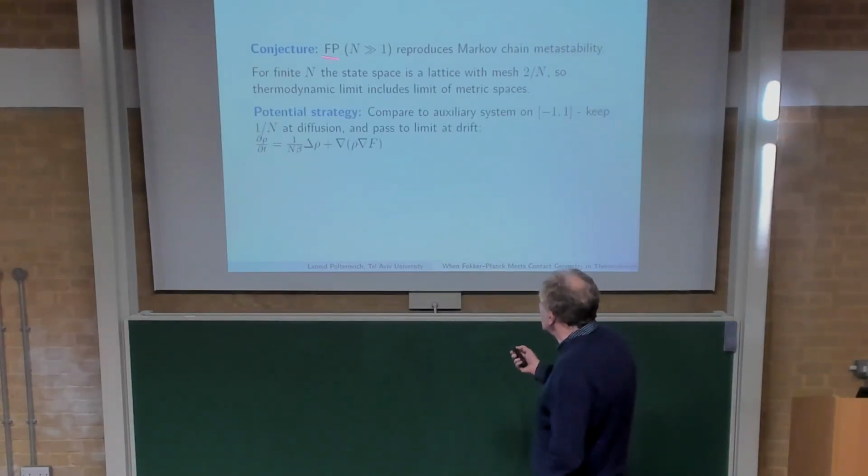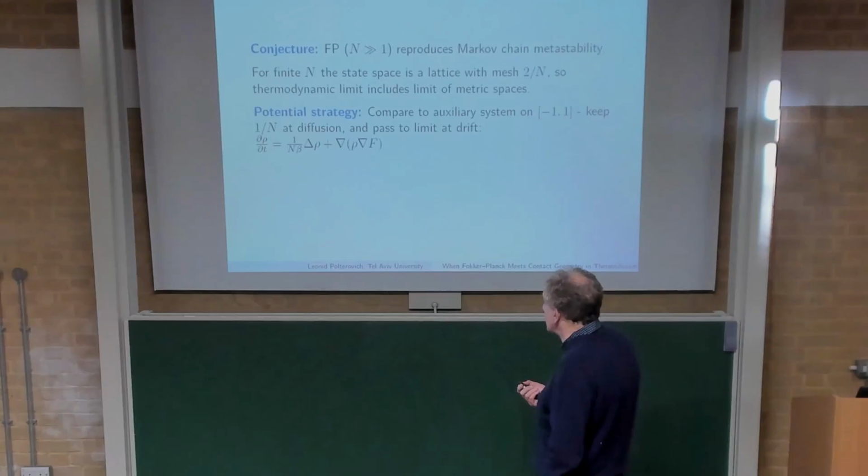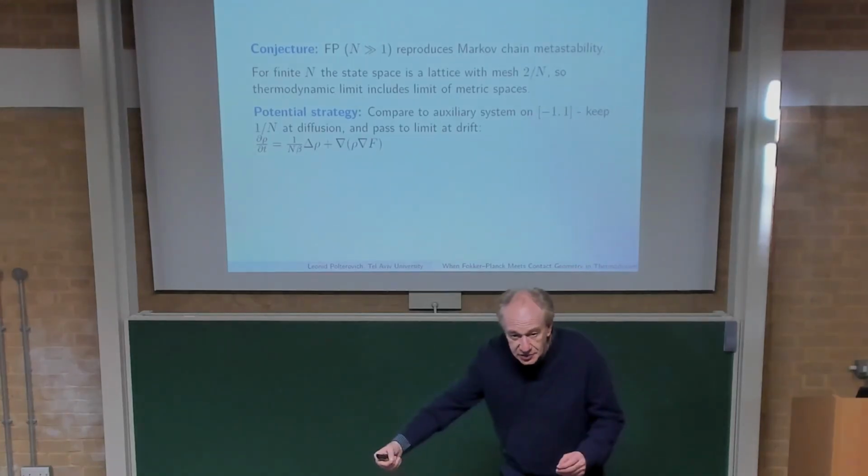So a potential strategy to understand metastability here is to compare to an auxiliary system on minus 1, 1. We keep the coefficient 1 over n at the diffusion, we have no coefficient at the drift, but we have already passed to the continuous model.